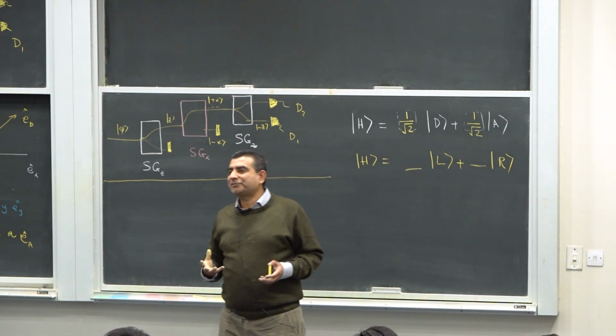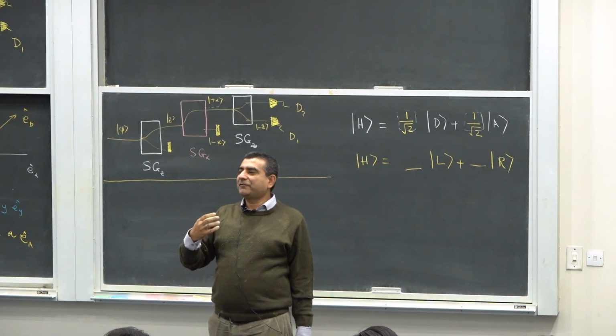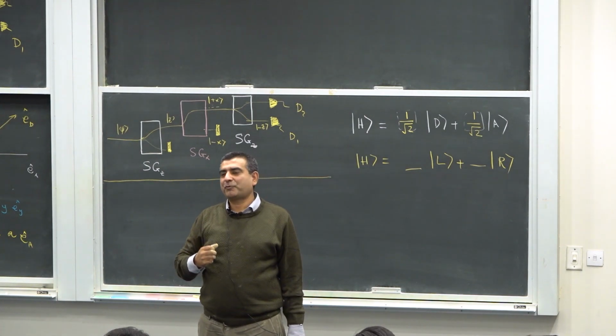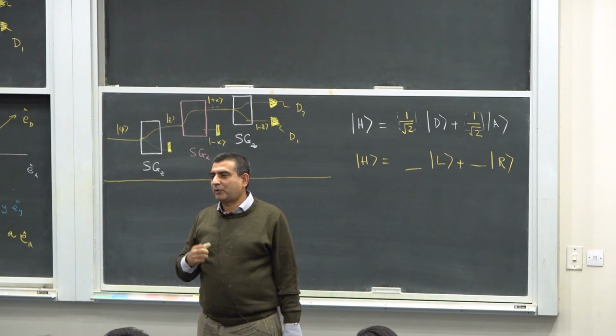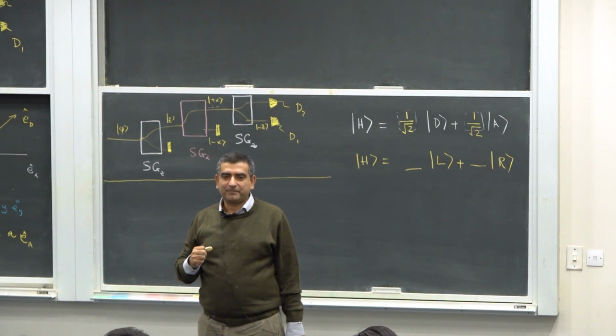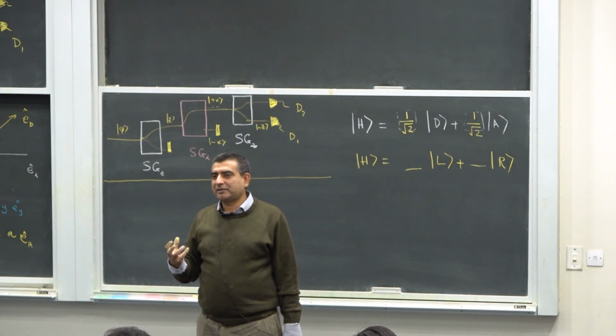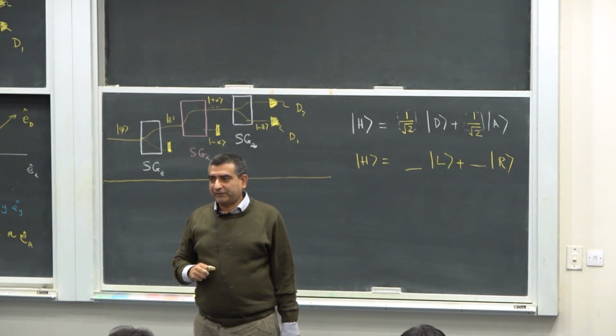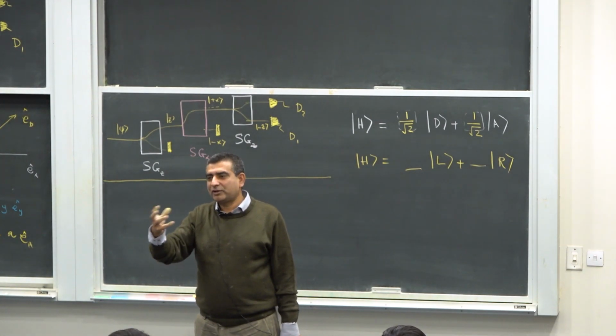So it's really hard to say. It's not nice to ask the question, what is the polarization of a photon? It's not nice to ask the question, what color are your eyes? If your eyes are a quantum object, it doesn't make sense what color they are.